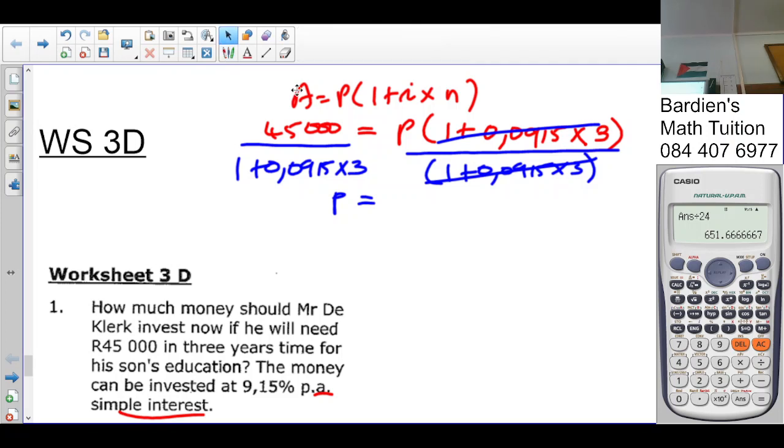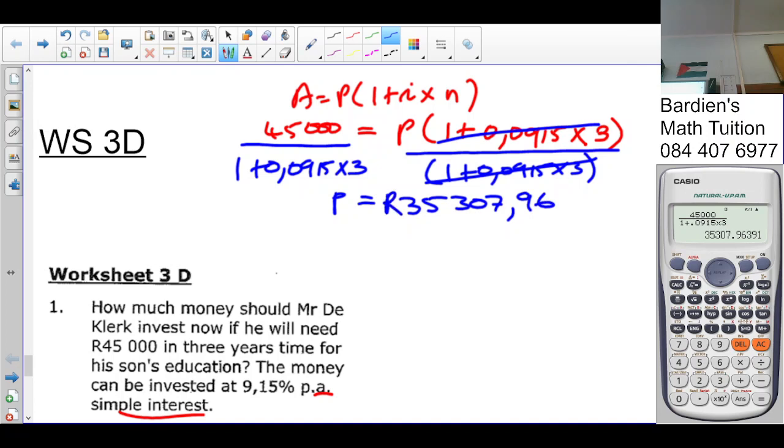So that's going to give you 45,000 rand over 1 plus 0.095 times 3. Gives you 35,307 rand and 96 cents. Any confusion here? No?